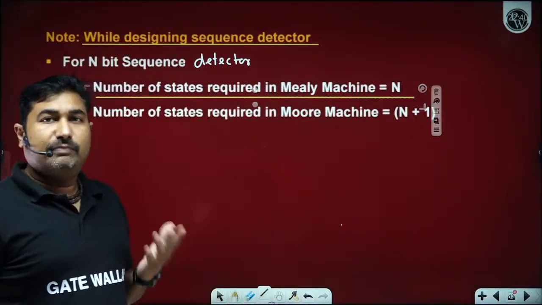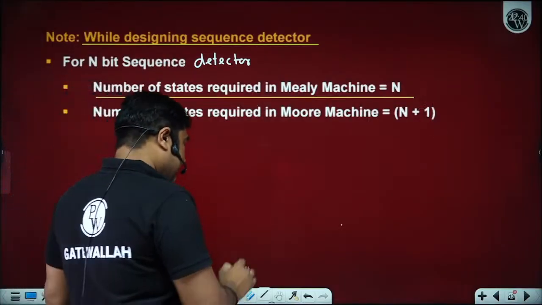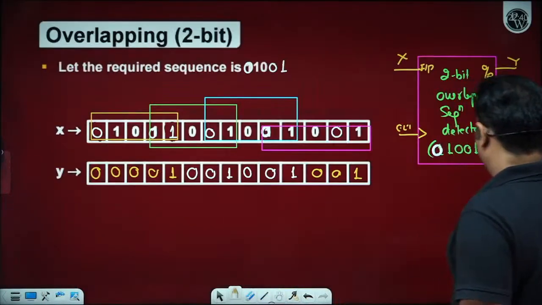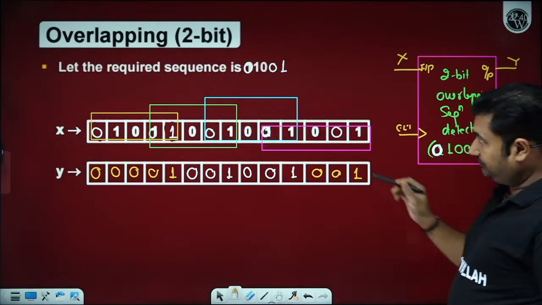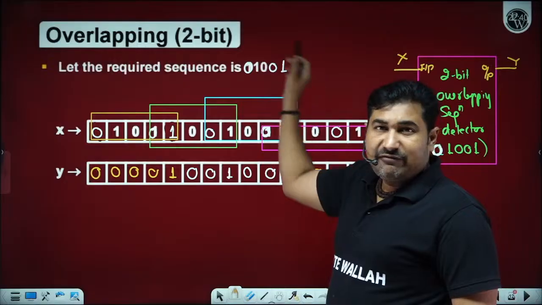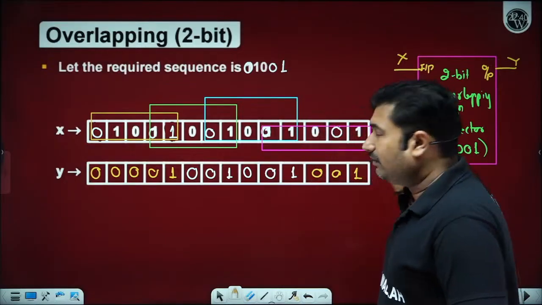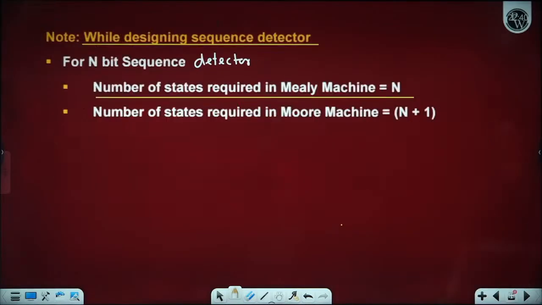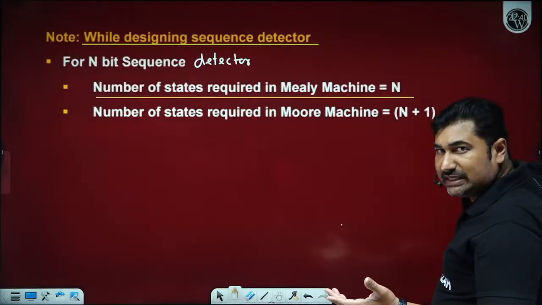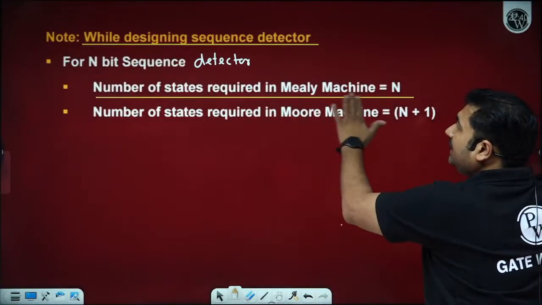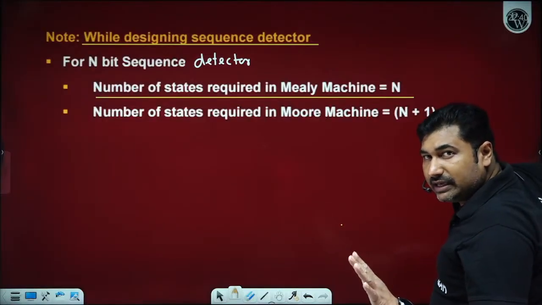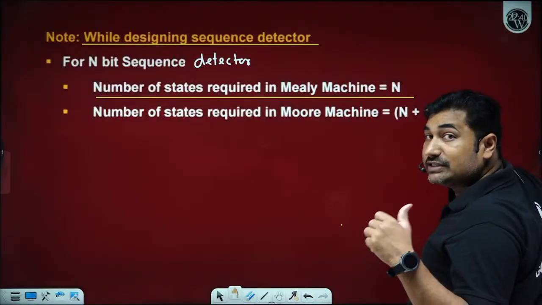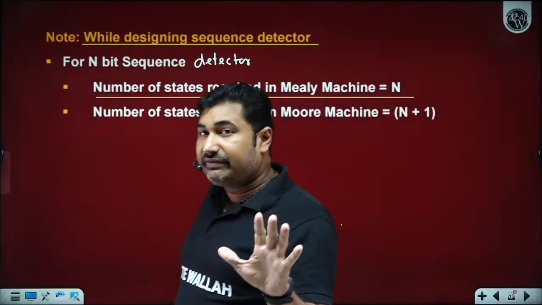N is the number of bits. Suppose we are interested here to design a 1, 2, 3, 4, 5 bit, a 5-bit sequence detector circuit. For a 5-bit sequence detector circuit, the Mealy machine requires 5 states. Is it okay? Yes, sir.